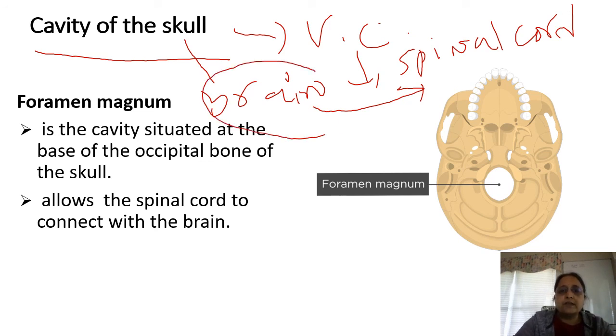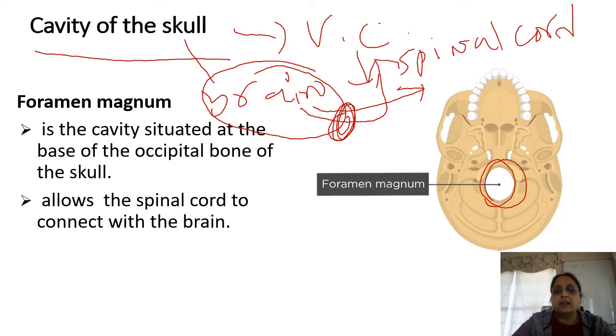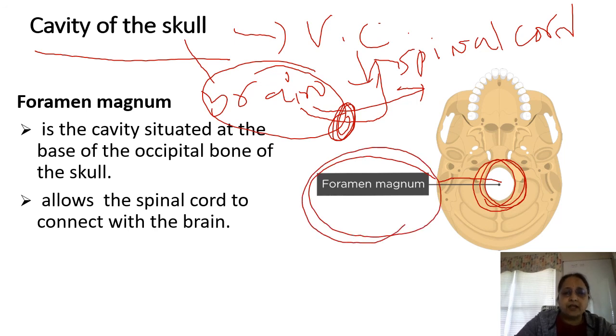So if the brain is enclosed within the skull, the skull should have an aperture so that the spinal cord can enter into the vertebral column. That opening is situated at the base of the occipital bone, which we call the foramen magnum.